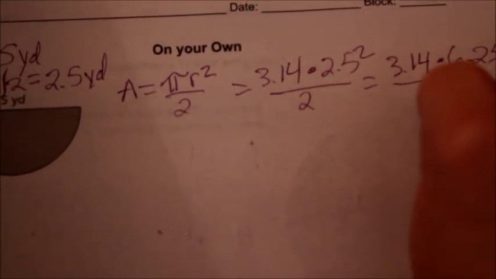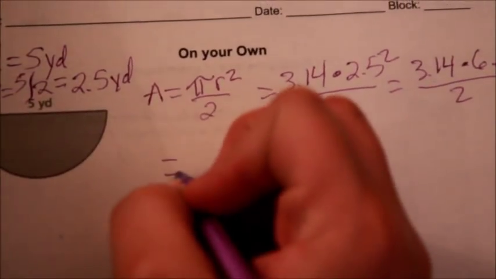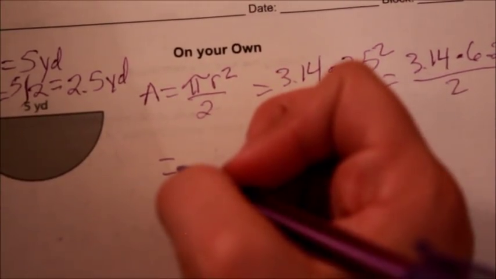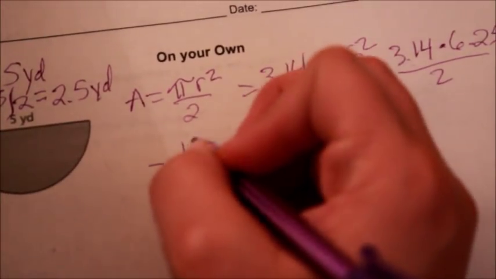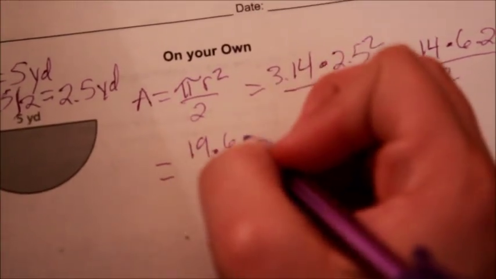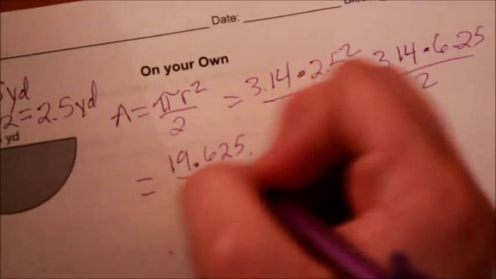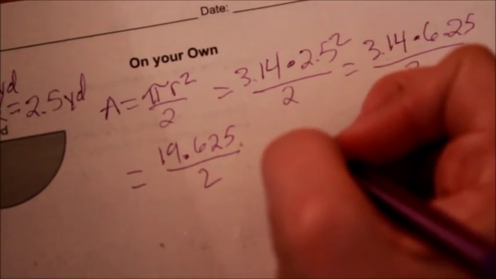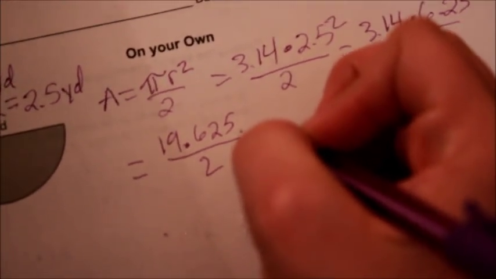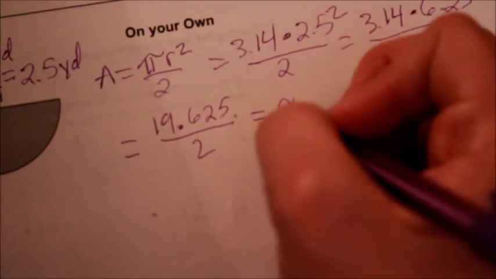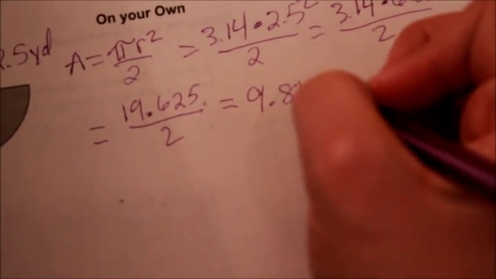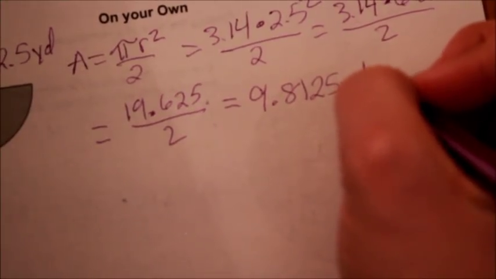And divide that whole thing by 2. 3.14 times 6.25, you should get 19.625. We still have to divide that by 2 though. So you should get 9.8125 yards squared.